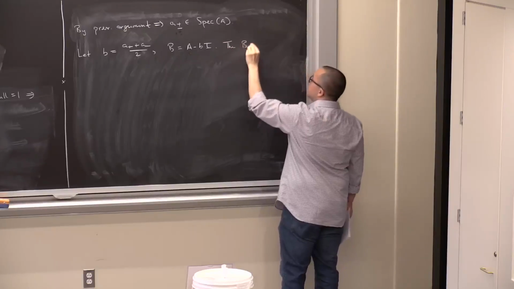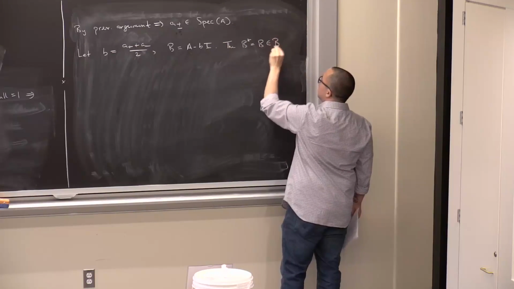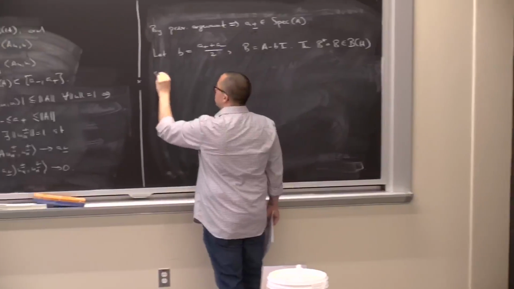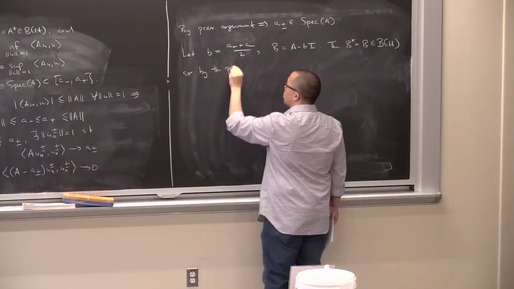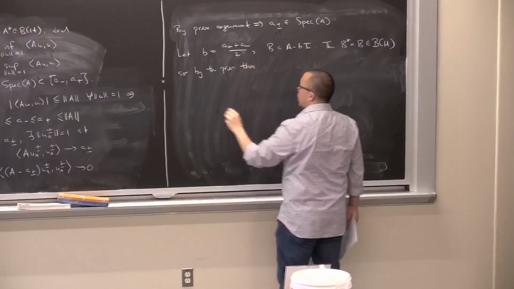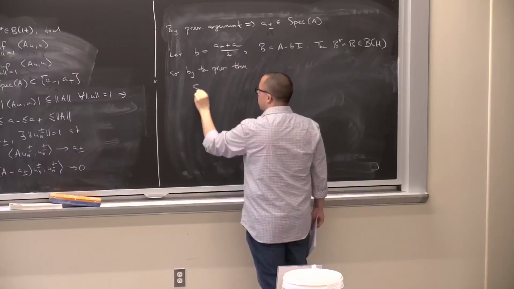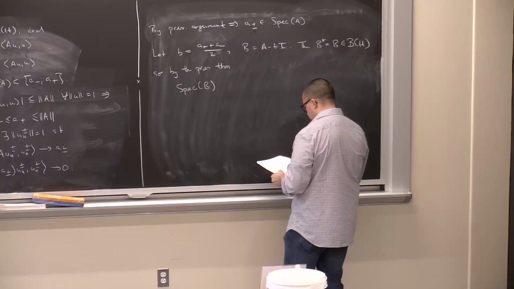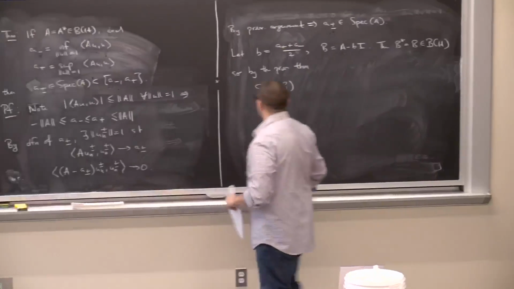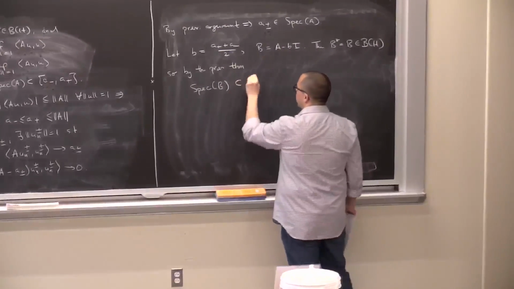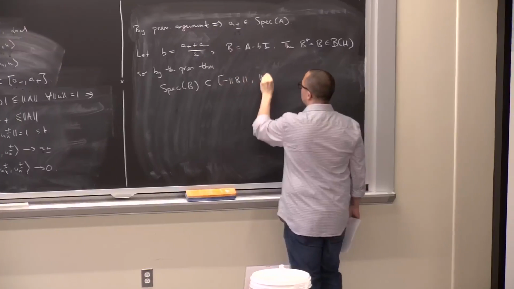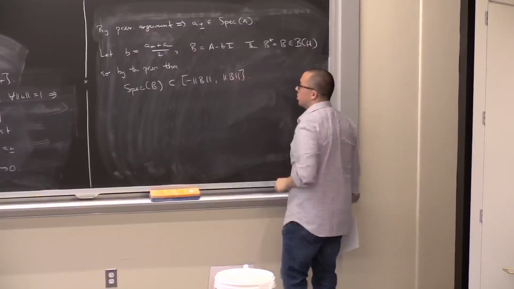So B is self-adjoint and a bounded linear operator on H. So by the previous theorem, we get that the spectrum of B is contained in the interval from minus norm of B to norm of B. Okay?